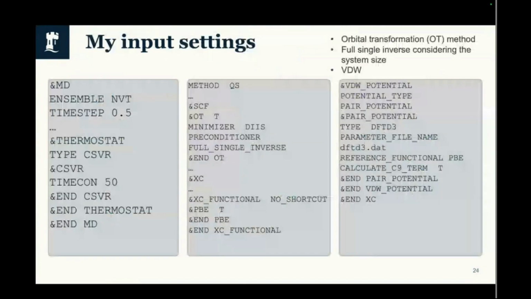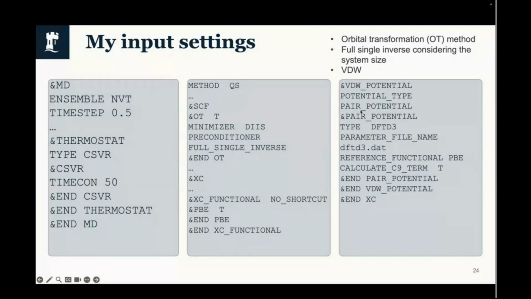So we did a very long ab initio molecular dynamics simulation using CP2K, and basically these are our input settings. I've just included key settings here, for example, the thermostat and time constant, and also we're using the OT method. You should have built up an idea of what this is because Matt introduced this this morning.